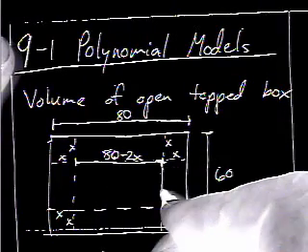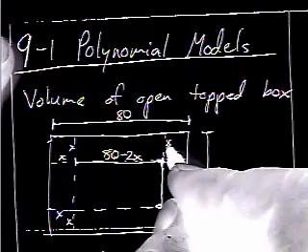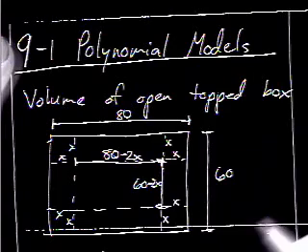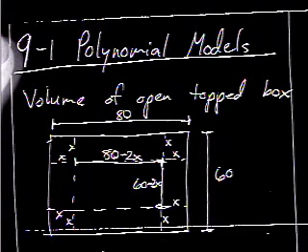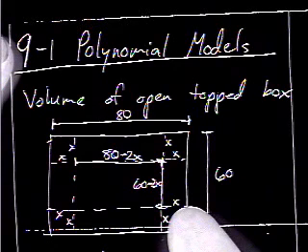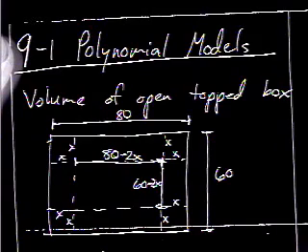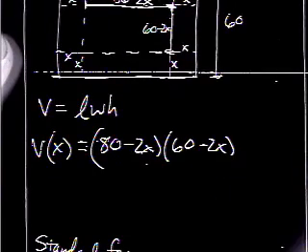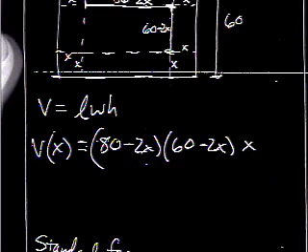And this dimension from here down to here would be 60 minus the 2x's on the ends. So that would comprise the bottom of the box. And of course, when you flip the sides up, these values x would be the height of the box. So we have a length of 80 minus 2x, a width of 60 minus 2x, and a height of x.